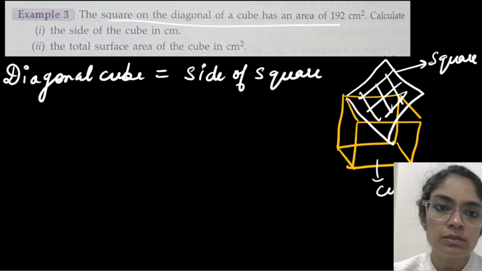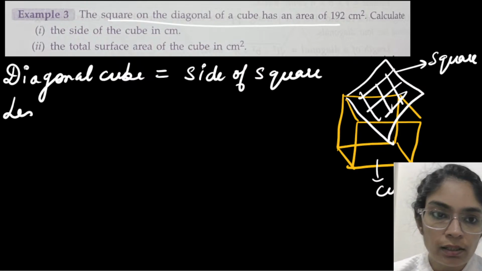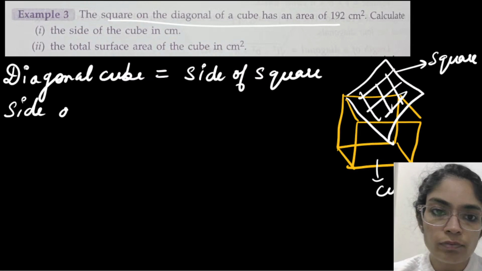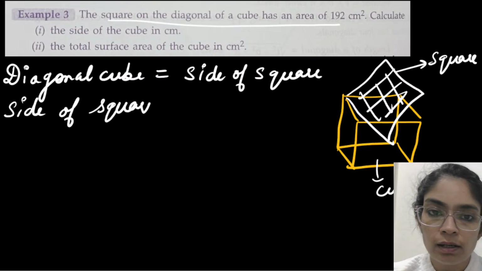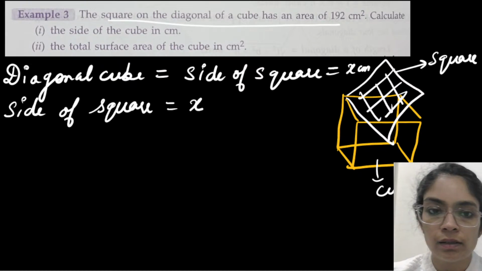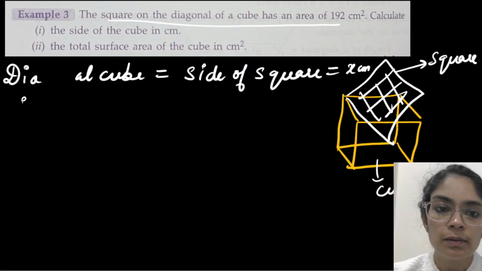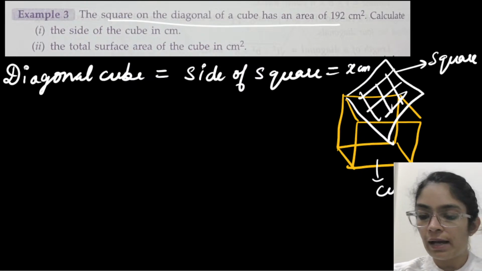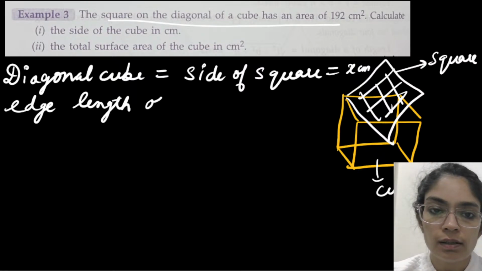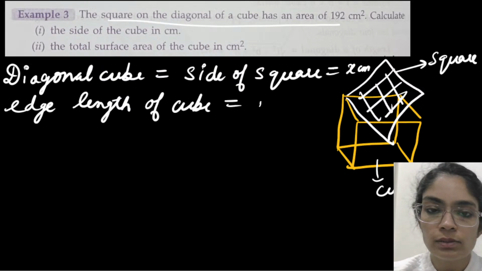A few assumptions we have to make. I'll just assume the square's side as x centimeter. This is the diagonal. So the diagonal, or side of the square, I have assumed as x centimeter, and the edge length of the cube is equal to a.